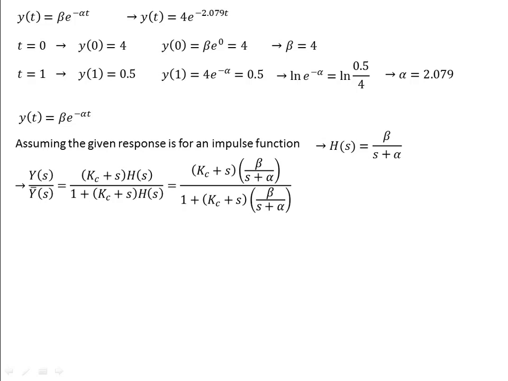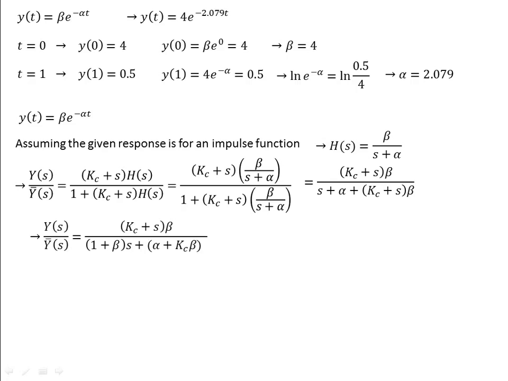If we do the multiplication, this fraction will be equal to (Kc plus s) multiplied by beta over s plus alpha plus (Kc plus s) beta. If we further simplify the denominator, the transfer function will be in the form of (Kc plus s) multiplied by beta over (1 plus beta) s plus alpha plus Kc beta.